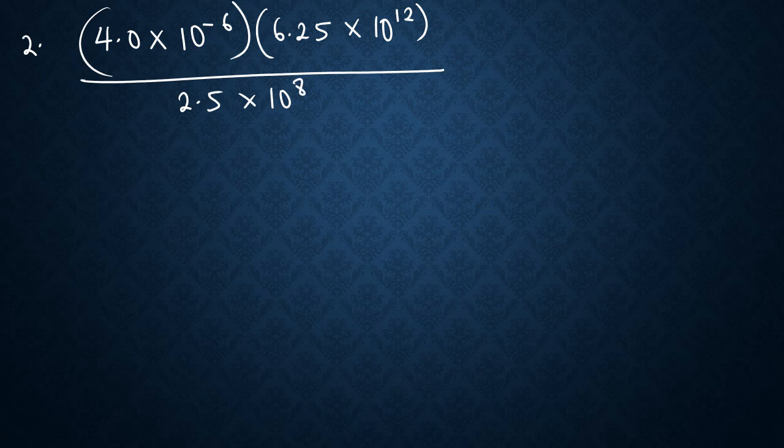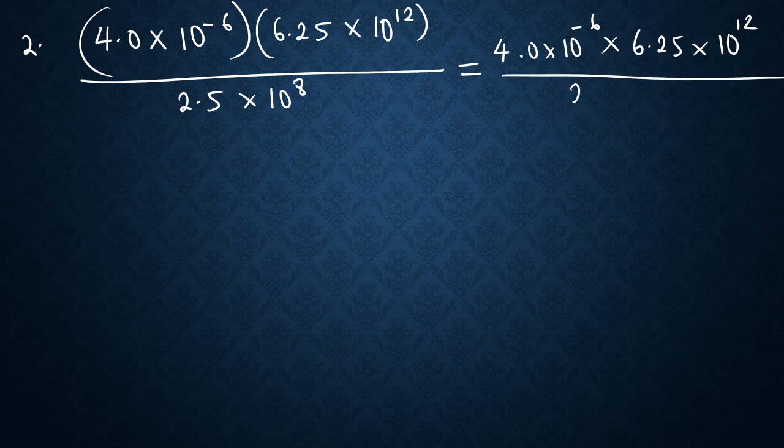Okay, so this is what I can do. So here I can do this problem as 4.0 times 10 to the negative 6 times 6.25 times 10 to the 12th, just remove all the parentheses, divided by 2.5 times 10 to the 8.